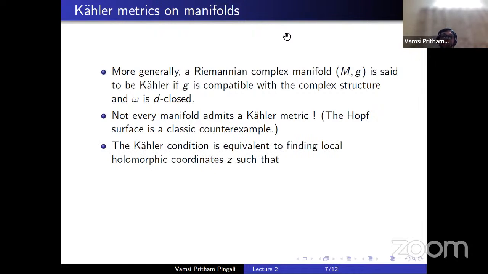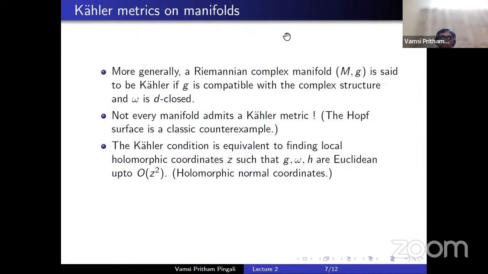So the Kähler condition is equivalent to finding local holomorphic coordinates so that the metric is standard up to order z². Okay, so what does that mean? Recall that in usual good old Riemannian geometry, you can always find smooth coordinates near every point, so that the metric is standard up to first order.